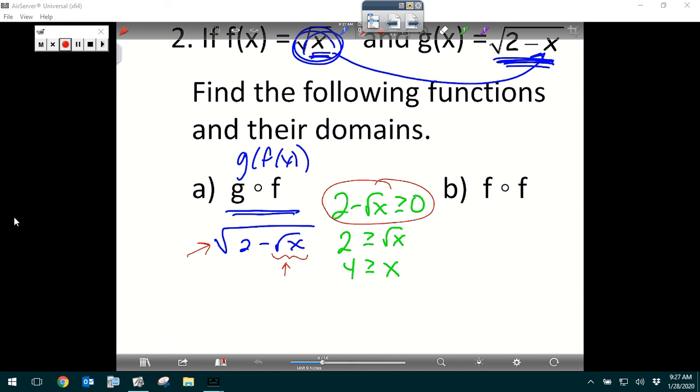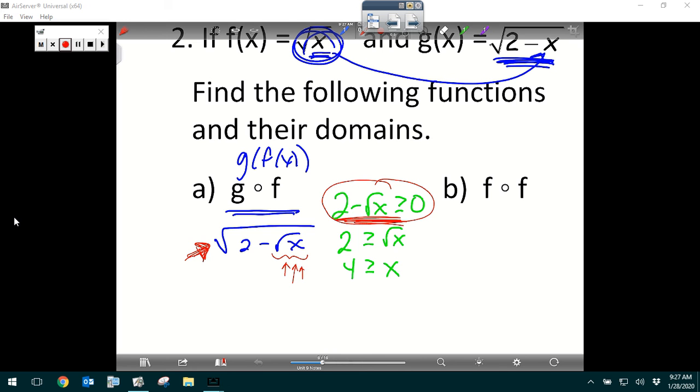Is that okay? No, that's not okay because of this little piece right here. This piece we have fixed. We have safeguarded this by what we did right here. Underneath the big radical, we know that's going to be okay. But we also have this other radical right under here that we have to deal with as well.